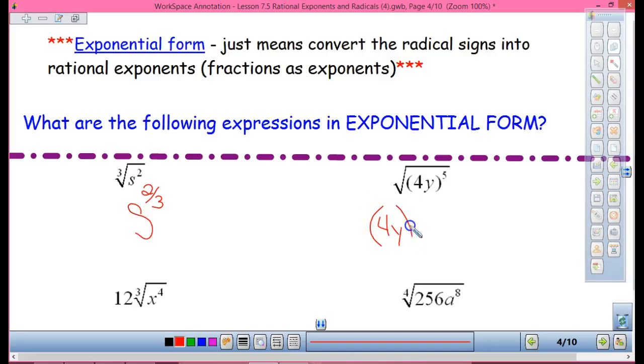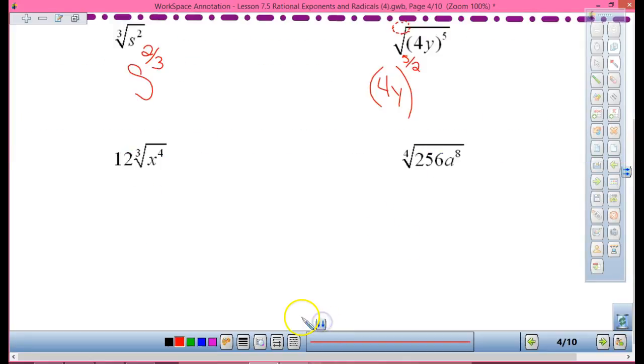So 4y to the what's on the inside? 5 over 2. Because remember, if there's nothing there, that is an imaginary 2 because it's a square root. And if I square something, it's to the what power? Second power, yep. Okay? Alright, if we are looking at this one, is my 12 underneath the root? No. Okay? So we're just going to leave it be. We're just going to bring it down to 12, and then x to the 4/3.